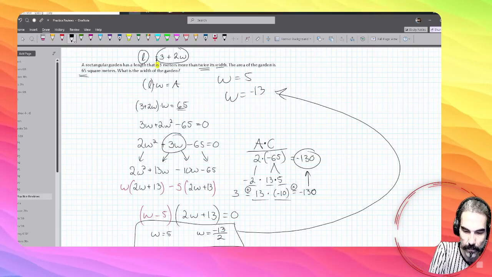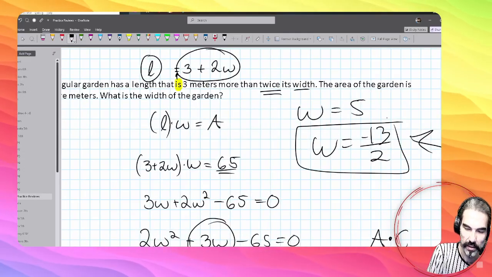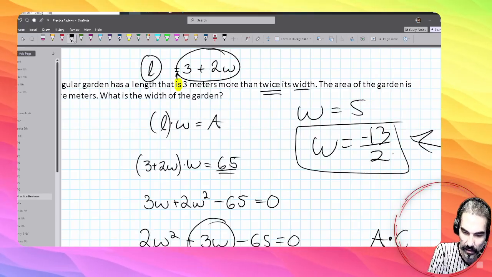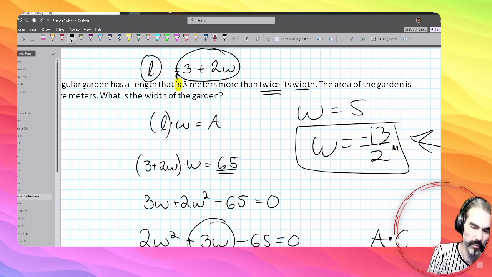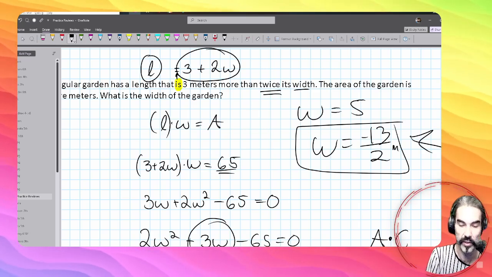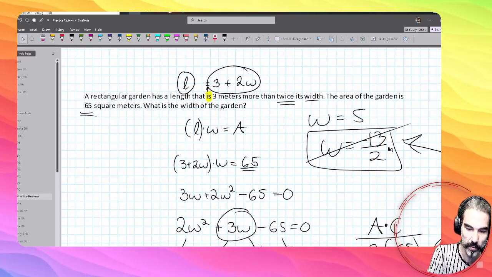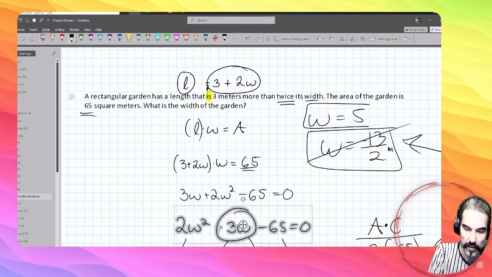It has to be W equals 5, because there's no such thing as a negative length. There's no such thing as negative 13 over 2 meters, or negative 6.5 meters. So bam, that automatically gets disqualified from a realistic answer. And we choose W is 5.